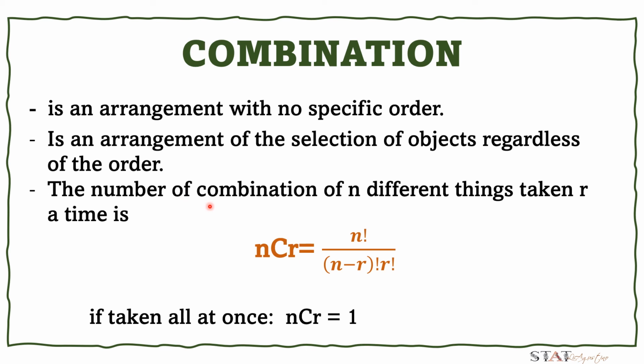So the number of combinations of n different things taken r at a time is n combination r, or n choose r, equal to n factorial over n minus r factorial multiplied by r factorial. So if you take it all at once, it is 1.